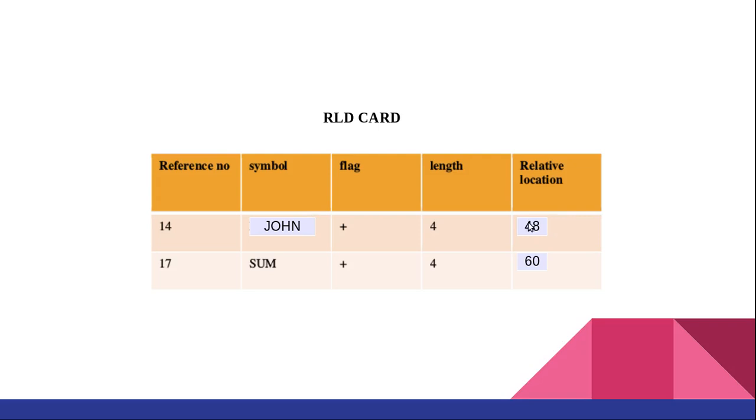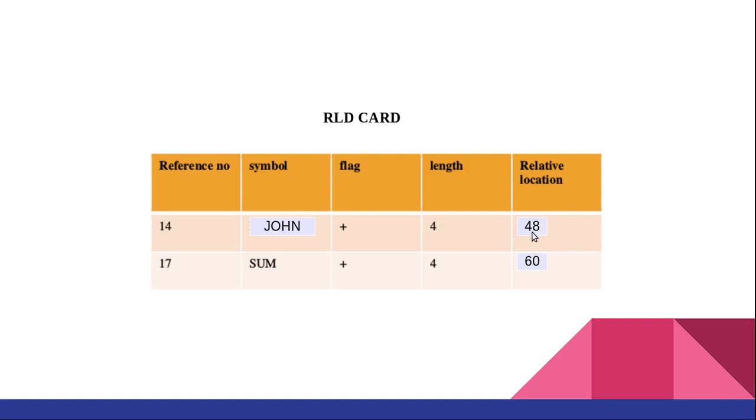Okay. So what is the relative location 48 content? Presently it is 28. So if the program is loading from 0, it is true. If it is loading from another value, then that starting address has to be added with the 28, that is the content of 48.